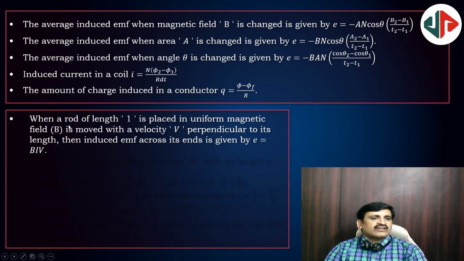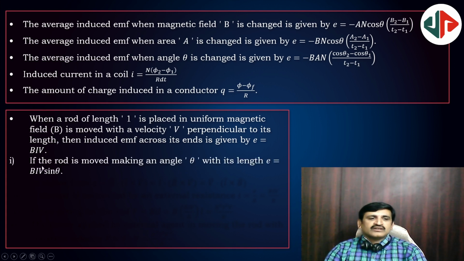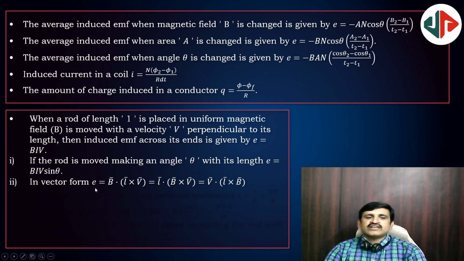When a rod of length L is placed in a uniform magnetic field and moved with velocity v, across its ends we observe an EMF which is BLV, which we call motional EMF. If the rod is moved making an angle theta with its length, E equals BLV sin theta, and in vector form EMF equals B⃗·(L⃗ × V⃗), which is nothing but a box product.